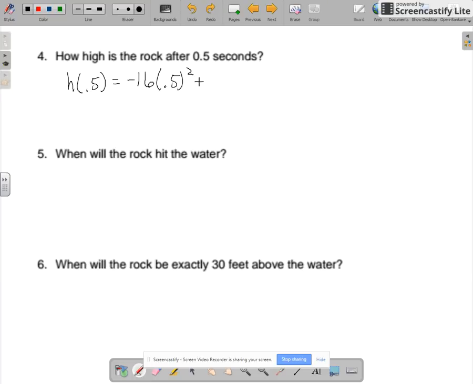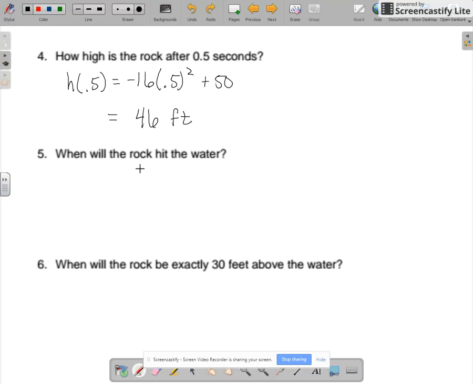No. So we're going to go ahead and skip that and then plus 50. Okay. Simplifying this, we type it into our calculator and we get 46 feet. Okay. Again, remembering to put our labels when we write our answers.